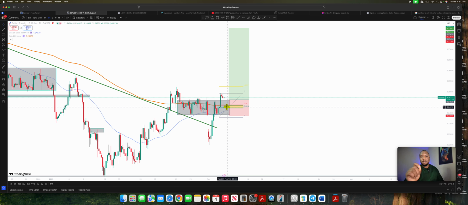So I have to exercise the patience. So I clearly marked out this zone with my Fibonacci. I took this low to this high and I drew it, and this is the 0.5 and 0.618 zone, the golden zone. So I'll wait for the market to get into this zone.